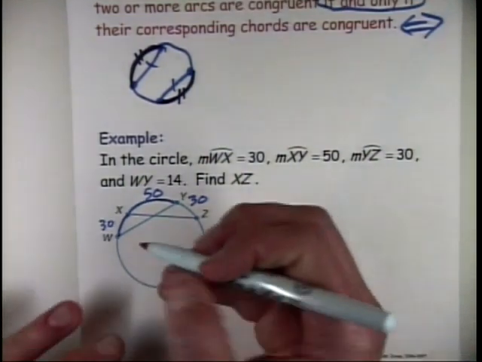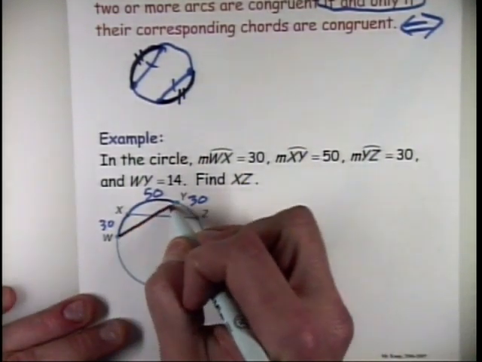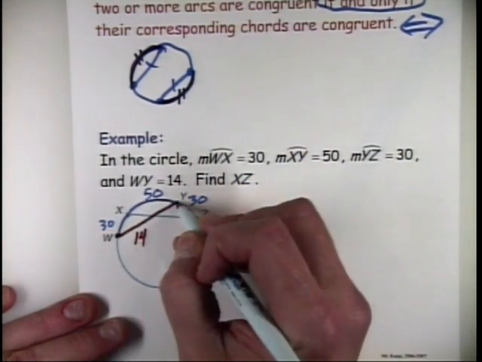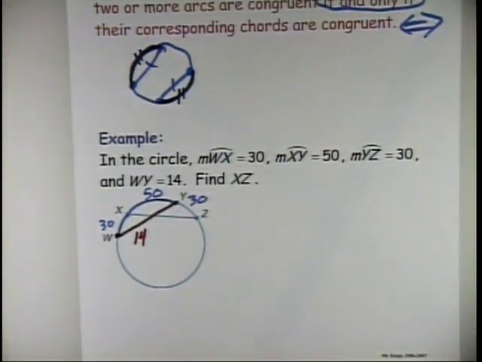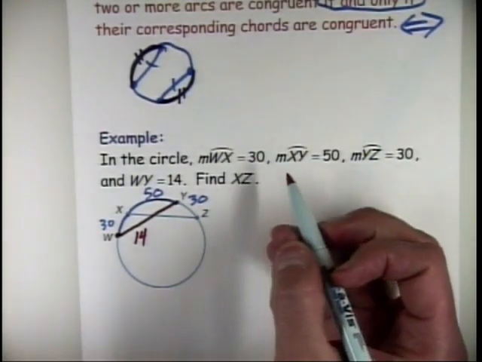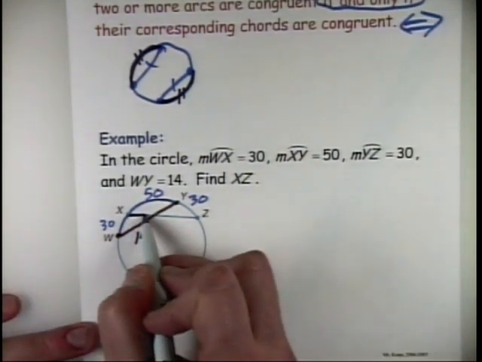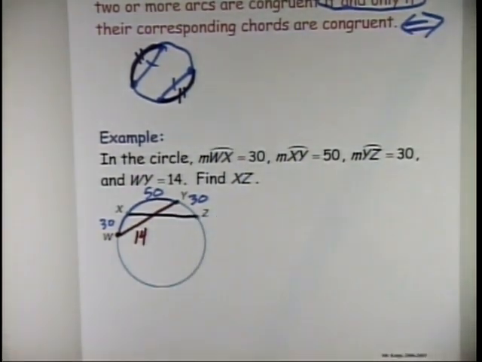Well, on the diagram, WY is a chord that connects one part of the total arc to the other part. Now, based upon that information, we want to figure out what the length of XZ is. And that's going to be right here. So let's identify it. We want to know what that is. Well, let's see. How can we do that?